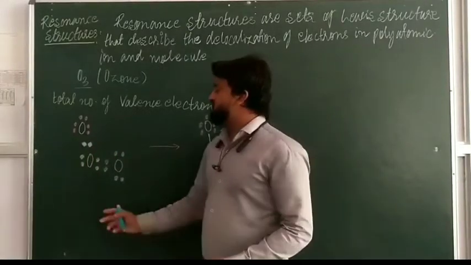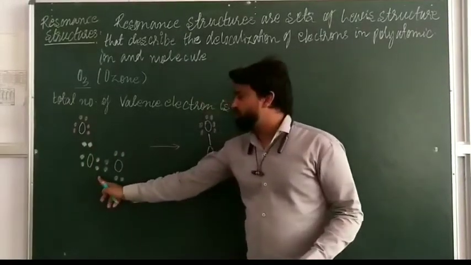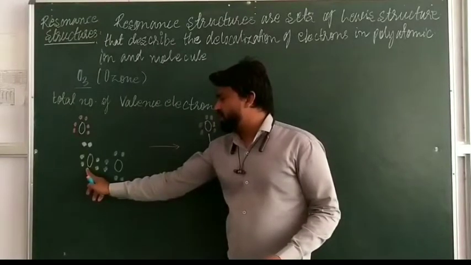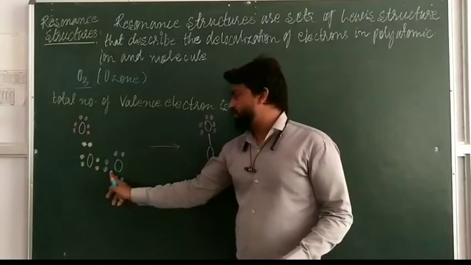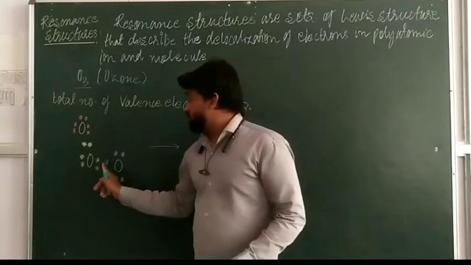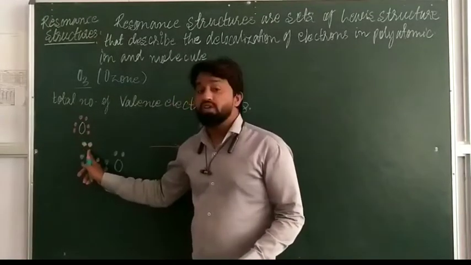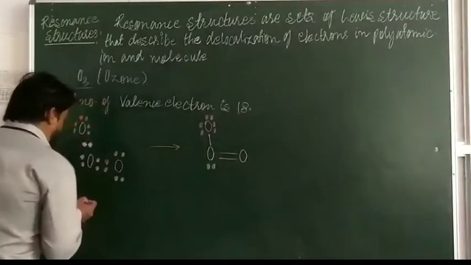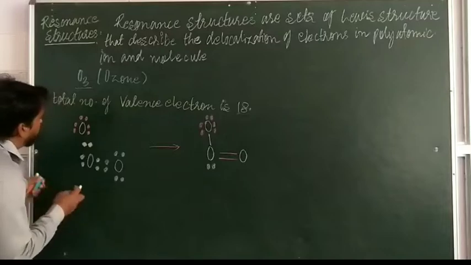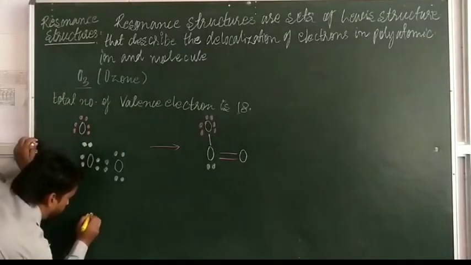It is not necessary that the sharing of 2 electron pairs happens only between the central atom and this side atom. It may be possible that the electrons are shared with this other oxygen atom, hence another structure will also form, and we will draw the other structure for the oxygen atoms in the ozone molecule.